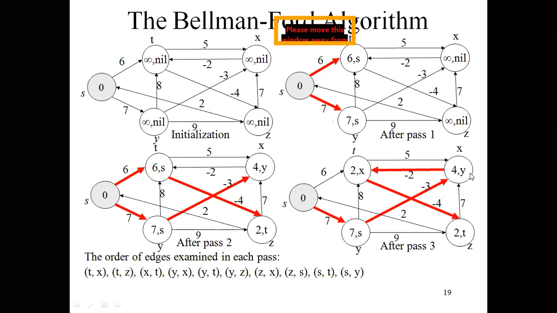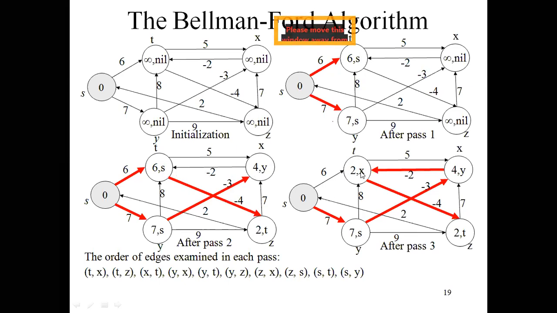So in this way we can update the edges. There is a formula. According to the formula, when you are updating, for example the x to t edge, you need to check the value at x, which is 4, and the edge weight, which is minus 2. Then 4 minus 2 is 2. The value at t is already 6, so you take the minimum of 6 and 2, that is 2.